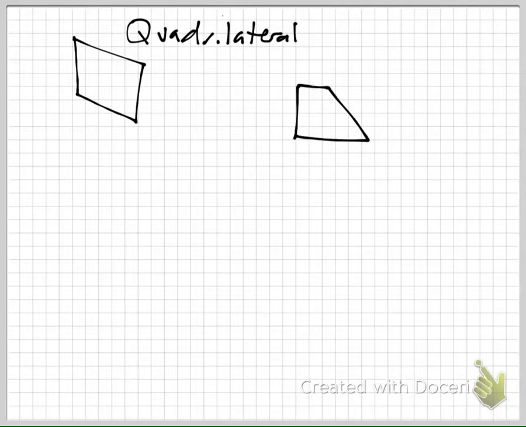What you do is you draw a little arrow. It could be two arrows or one arrow, whatever. That's letting you know that those lines are parallel. Now we know this is a trapezoid. Good, you got it.